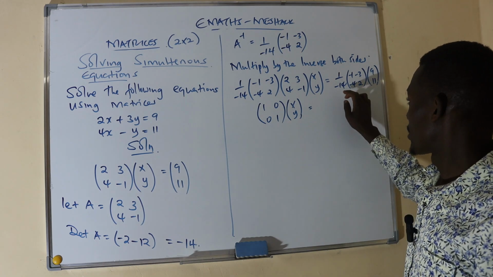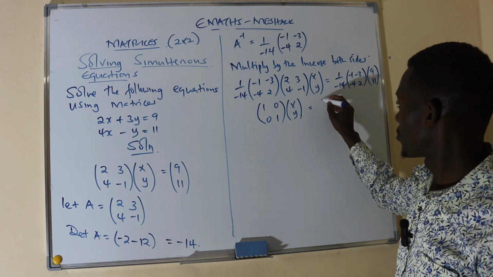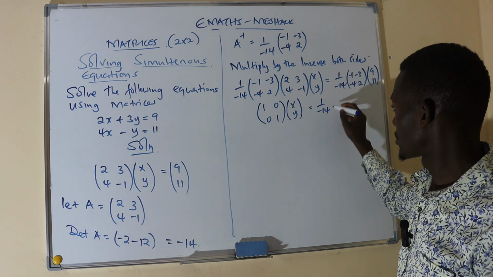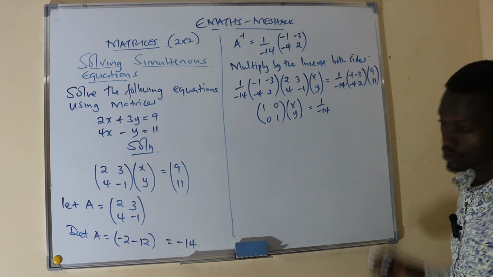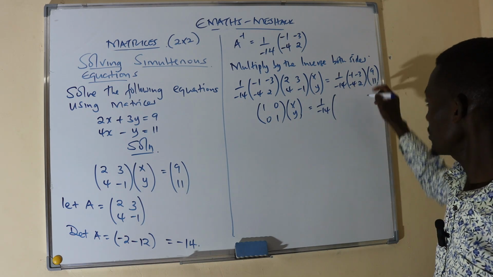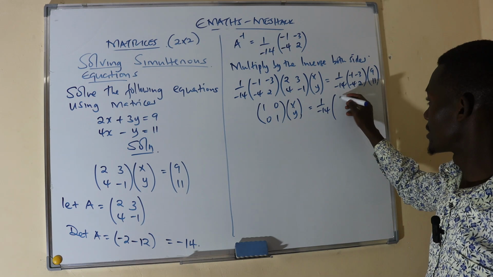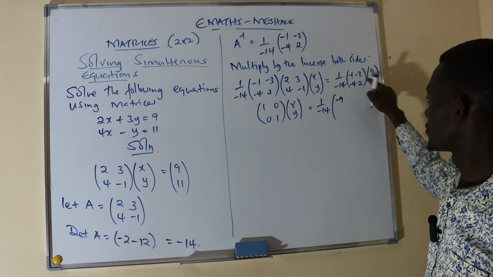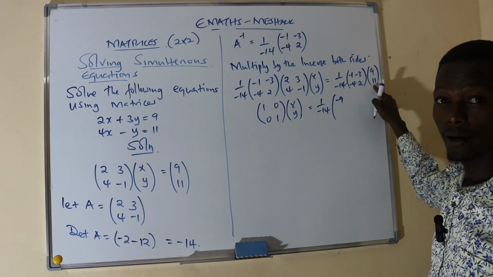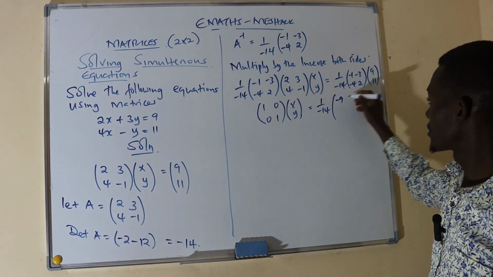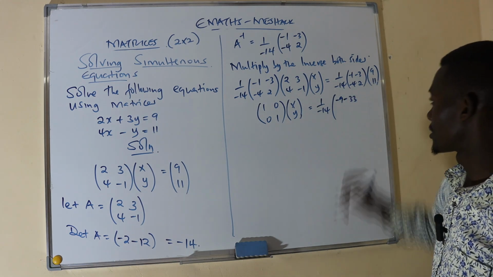Now you can hold 1 over -14 constant, then multiply these two matrices. Again it is row by column. -1 times 9 gives us -9. Then -3 times 11 gives us -33.